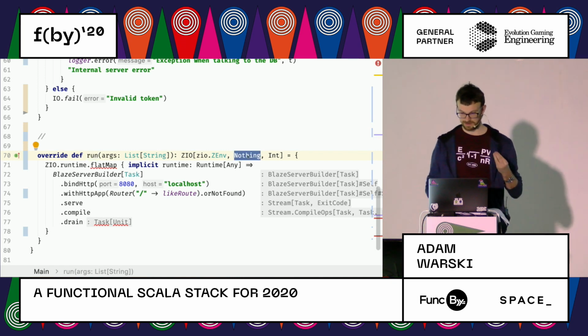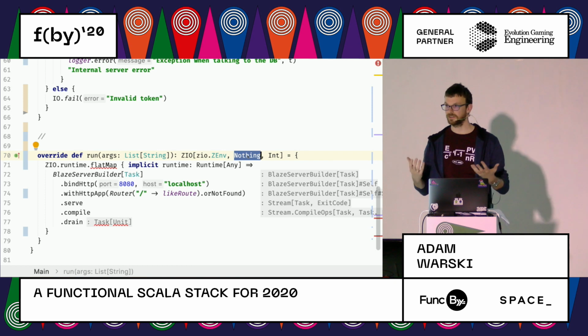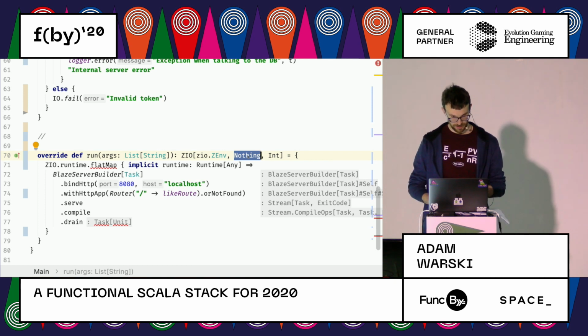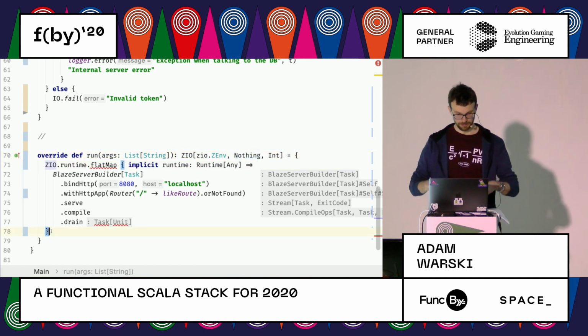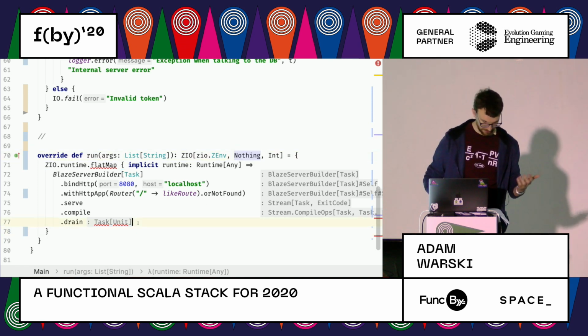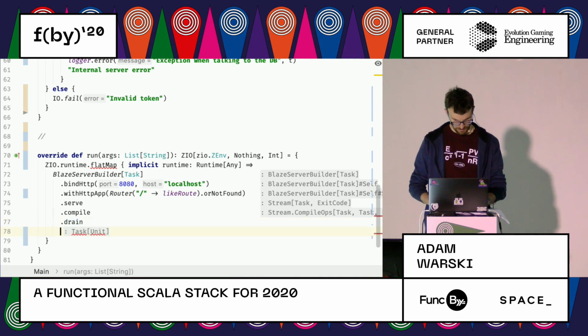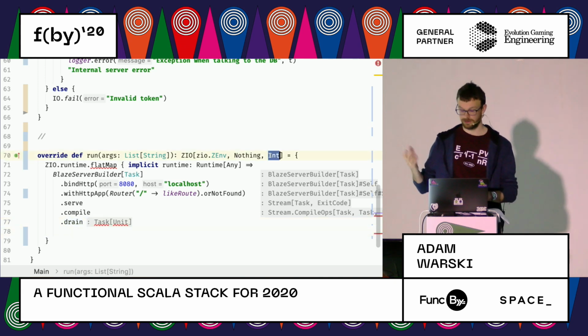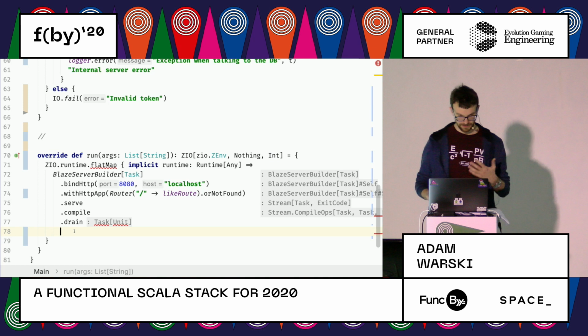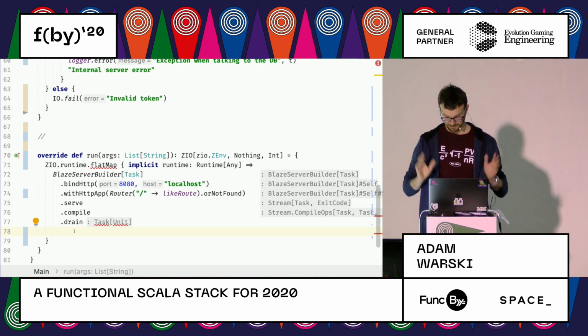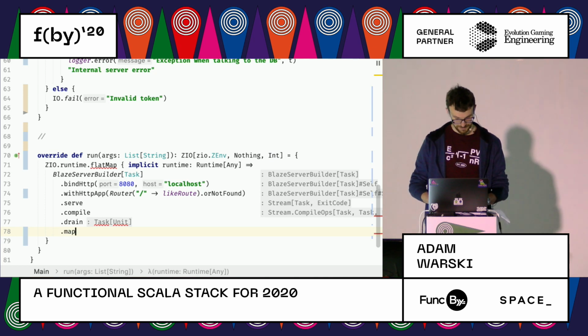So this type parameter specifies the type of errors that our side effects might throw. So creating a server might throw an arbitrary error, and here we have promised no errors, so we have to somehow recover from that. And we have to return an int, which is the exit code, right? So if this ever ends successfully, it will never end successfully because it's a bind. But if it does, we return a 0.